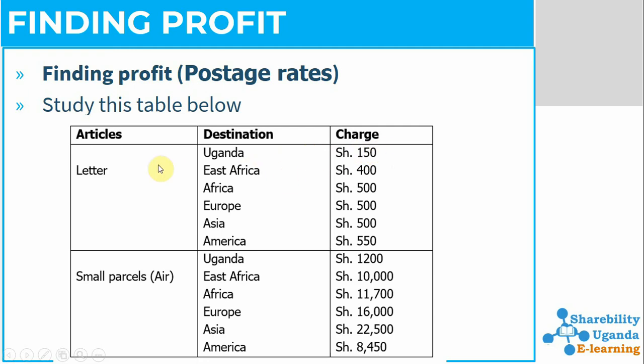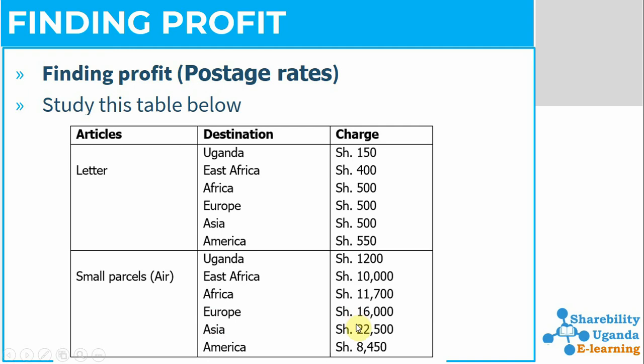East Africa 400, Africa 500, Europe 500, Asia 500, America 550. Then that comes to the parcels. These are different from letters. In Uganda they're charging 1,200. Then in East Africa, that is 10,000. Africa, that is 11,700. Europe, that is 16,000.